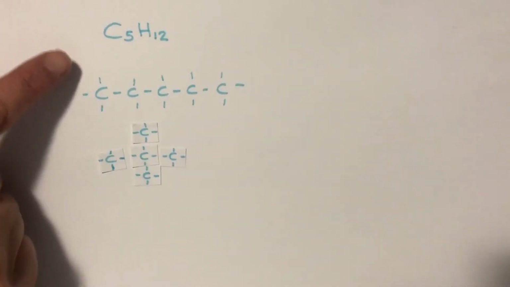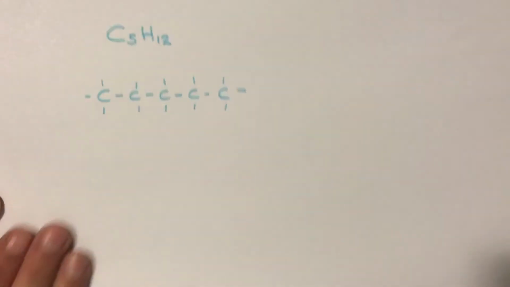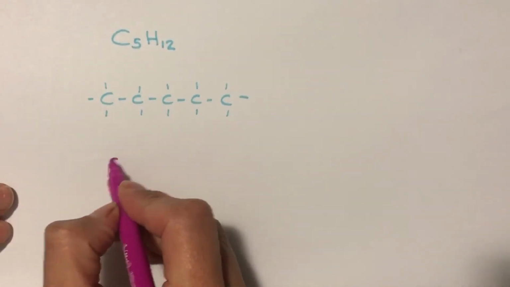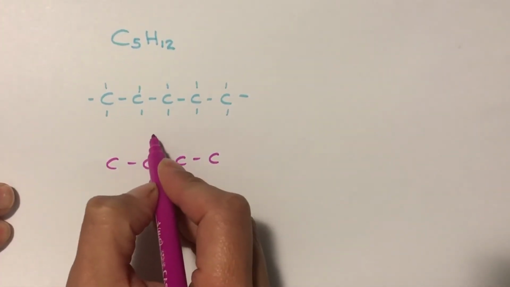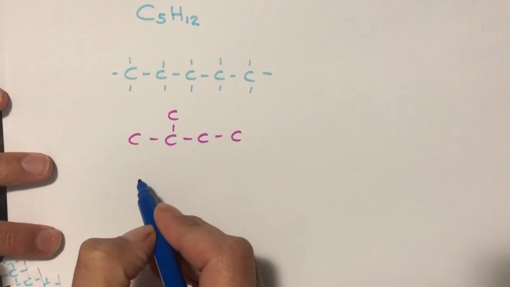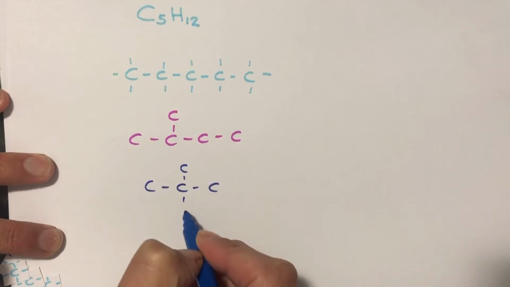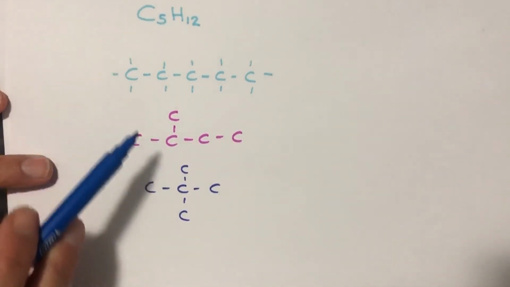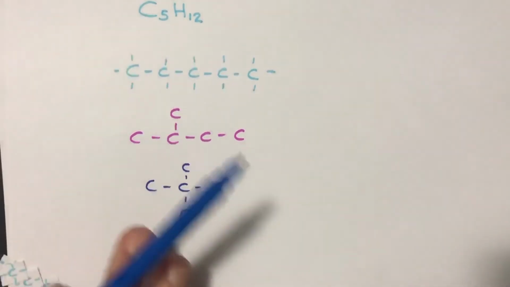So this, having either 5 carbons in a chain, or 4 carbons and a methyl group on the end, or another one that has 3 carbons and 2 on the sides. These 3 molecules, although they look different, all have the same formula C5H12.